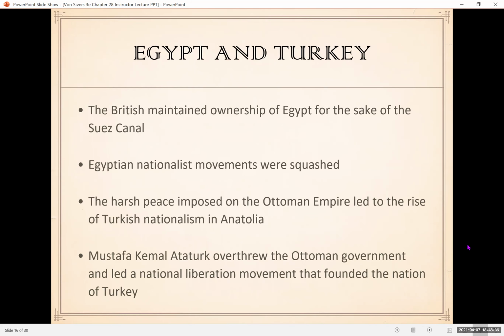The British are going to try to keep their ties over Egypt for the sake of the Suez Canal. That canal is not just for trade anymore. That canal was extraordinarily important during wartime. So the British do not want to give that up.